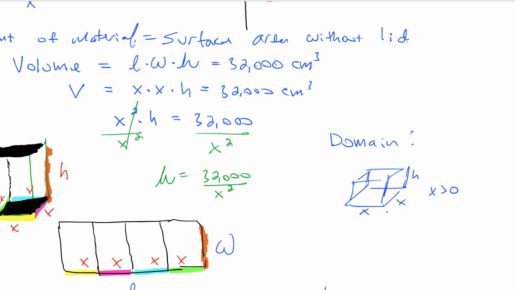We know that for sure. You can't really have a box that has a dimension of 0 on the sides, but you could have a box that has a dimension of 0.0000001 on the sides, right? And let me think about this.